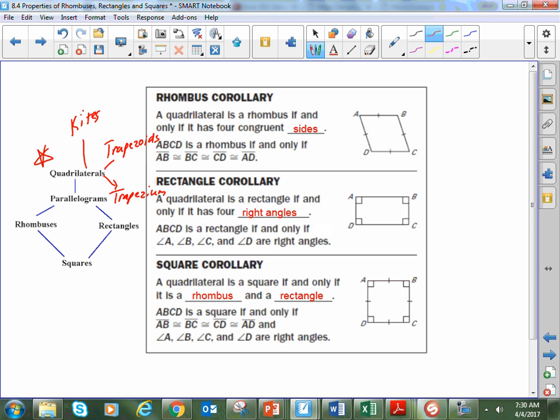Like I said, no opposite sides congruent, no angles that are bisected. There's literally nothing special about it. It's just a quadrilateral, just a four-sided polygon. That's all it is. So that is the diagram, the family tree, I guess, of quadrilaterals that we will be studying in geometry in this unit.